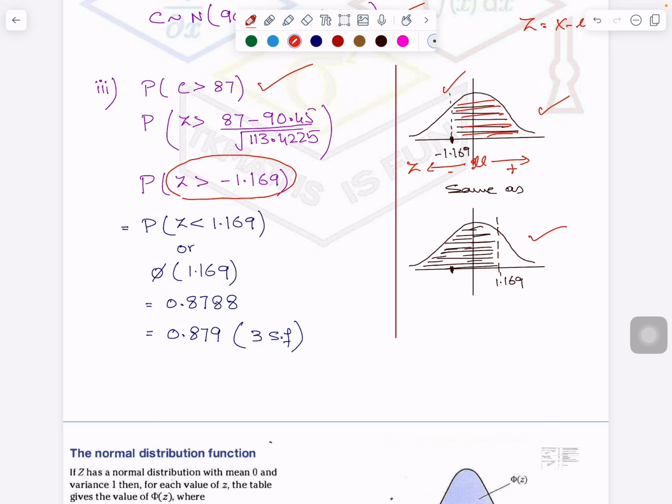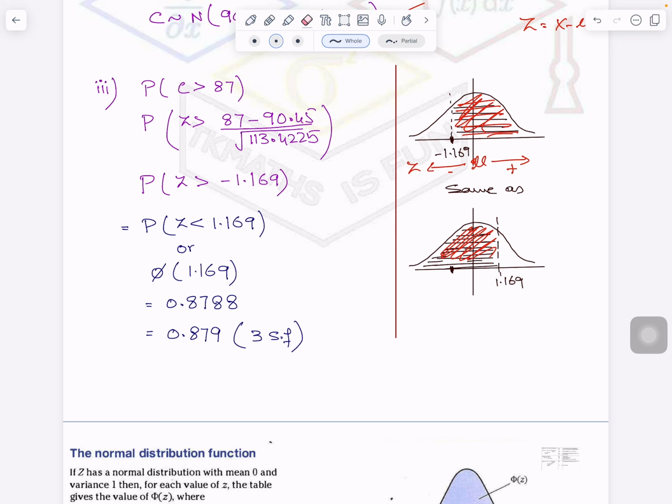So to find this answer, I will just find this answer. So either I write like this or I write like this. It is the same thing. And this is also the notation of it. I'm just writing different notations so that you know them, so once it comes in the exam or in any book you read anywhere, you understand what is being talked about. Then I have just calculated the probability and I got the answer, which is 0.879.